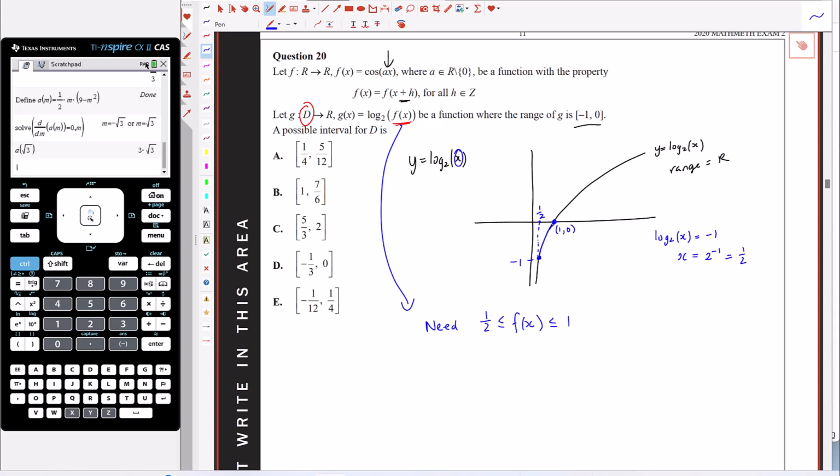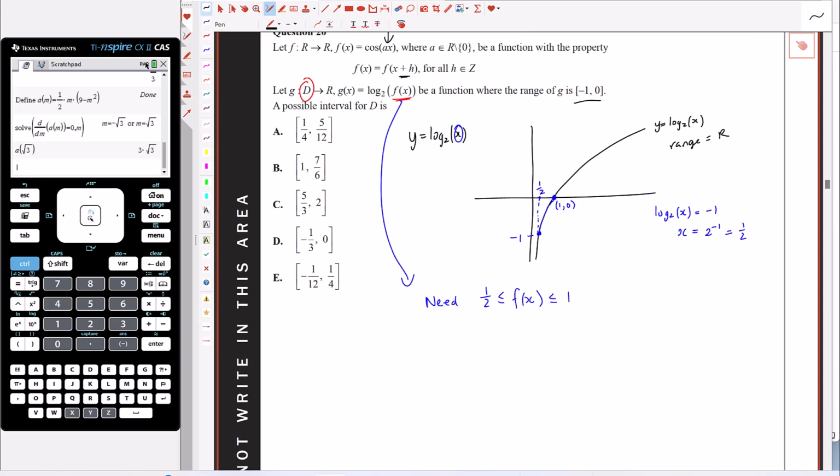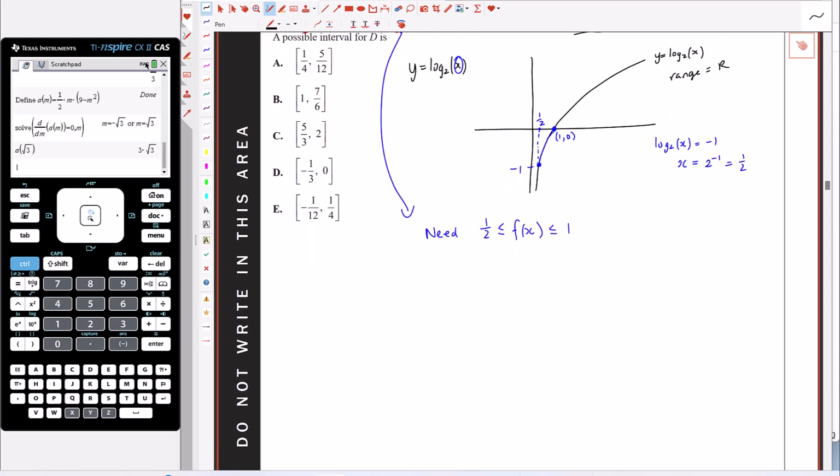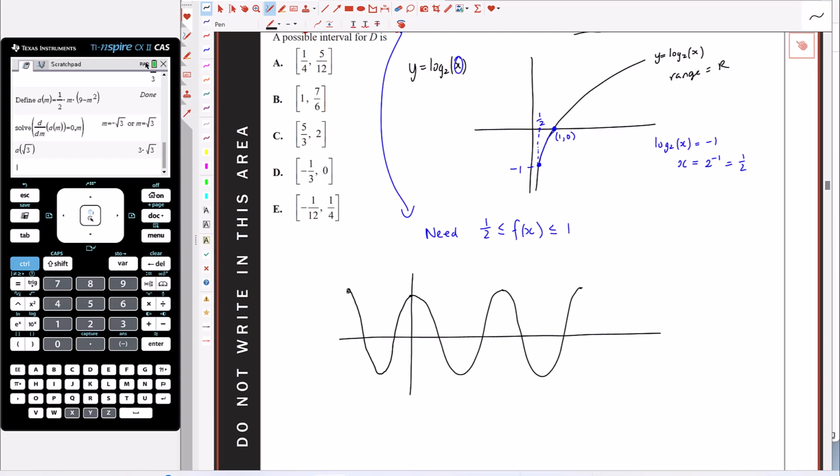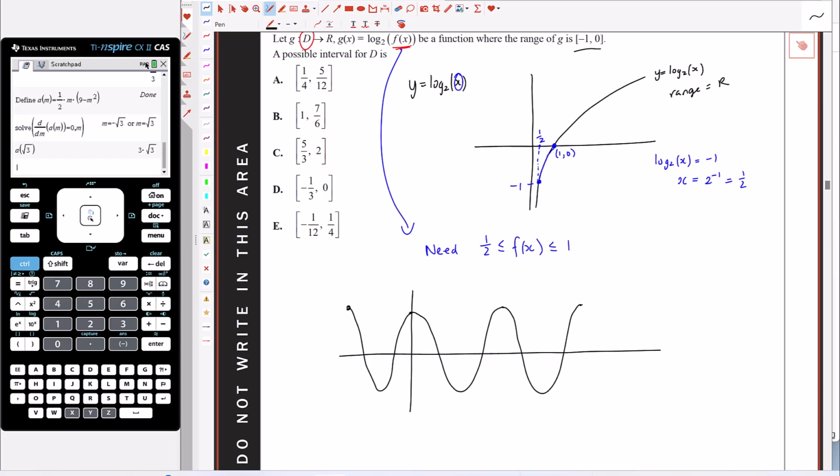Now let's go back to our f of x function. f of x is a cos function with just an amplitude change, so it actually goes from -1 to 1.